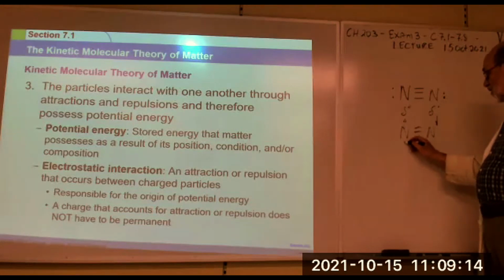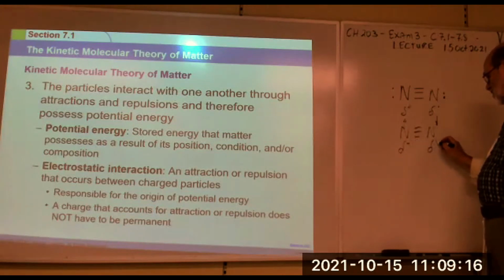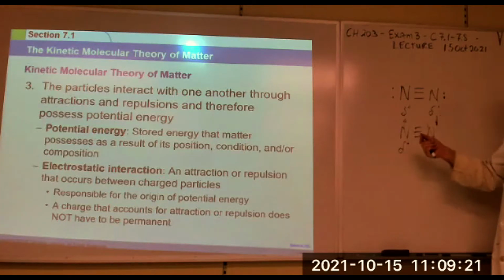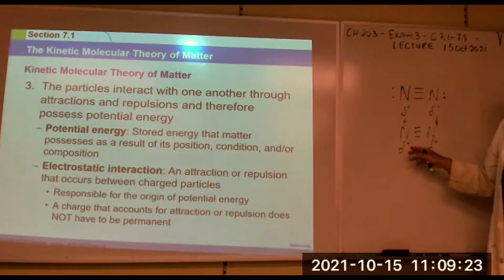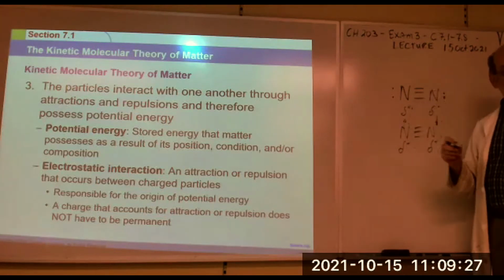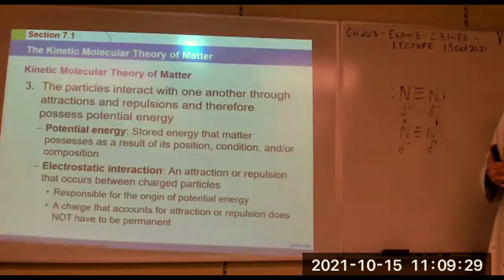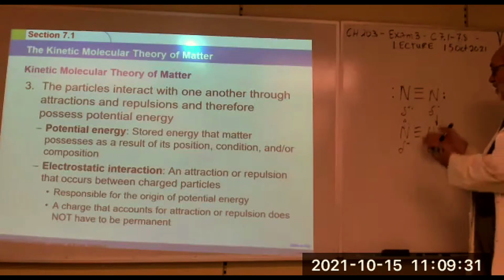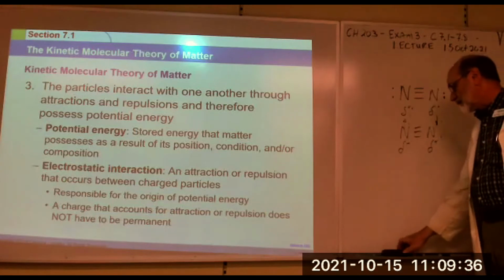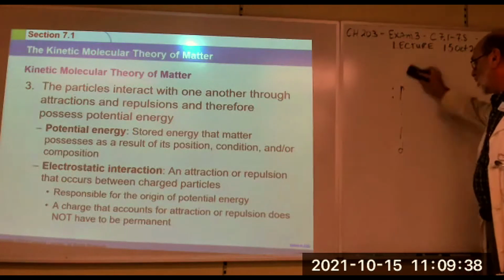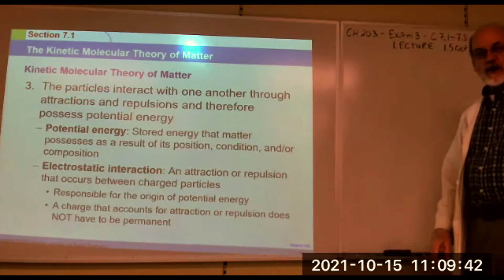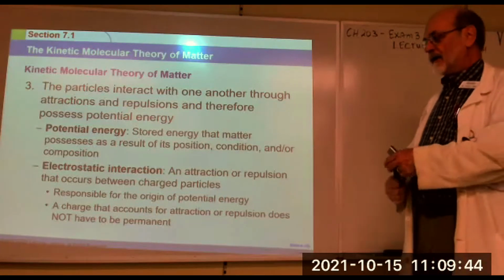So now we've established in a neighboring molecule, for that instant, a slight redistribution. And now you've got that attraction. And the evidence for that is liquefaction of this gas at a low enough temperature. Okay, so like I've always said before, nature just does what it does. It's our job to try to explain it.